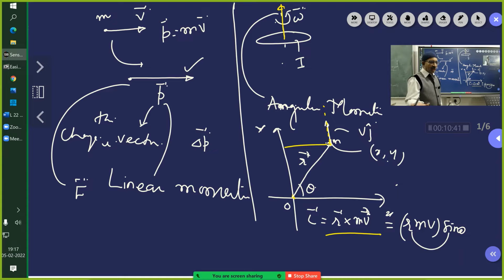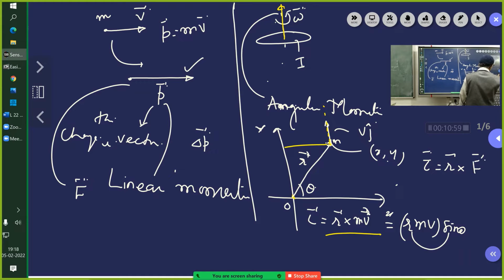Come on, friends, what's wrong with all of you? Just now, 2 minutes ago, all of you said that force must cause torque. The force must cause torque. What is torque? Torque is R bar cross F bar. Correct?